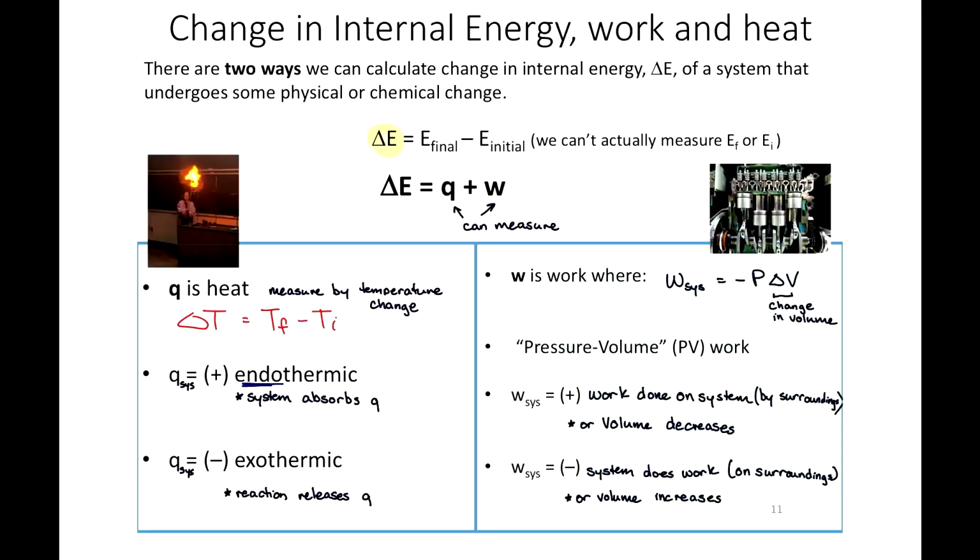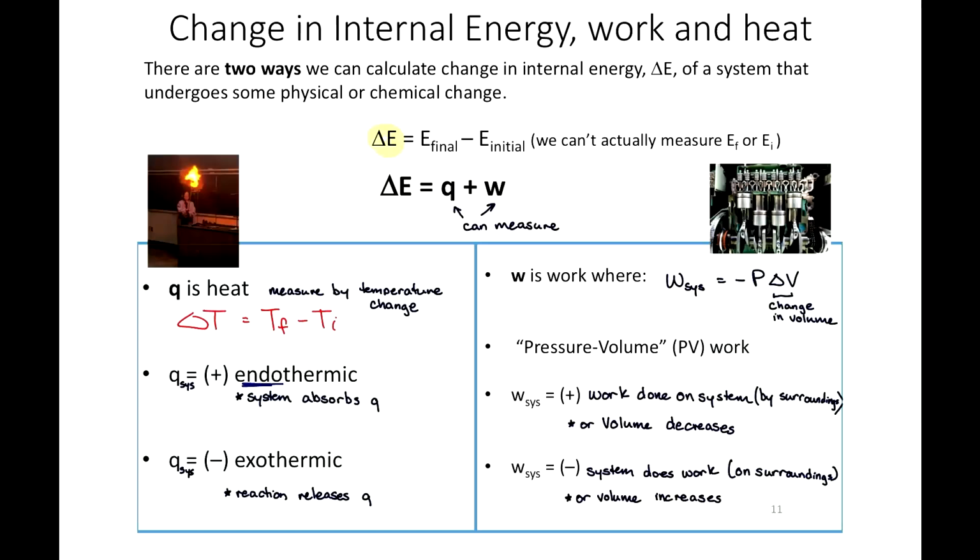So the system is what? Gaining or losing work? Gaining work in that case, since I am the surroundings, I'm squeezing on that reaction. So here what we see is that work for your system is positive when it undergoes compression. And the reason is because the surroundings is doing work on the reaction, so the reaction is gaining that energy, right?